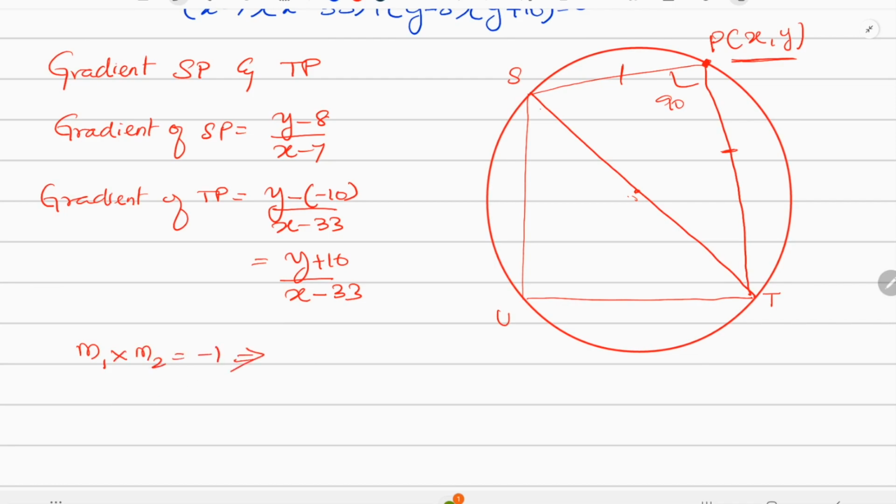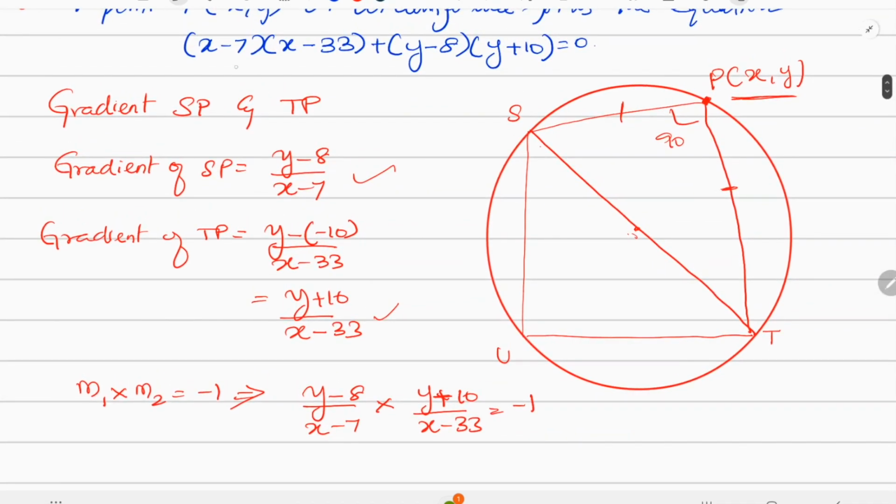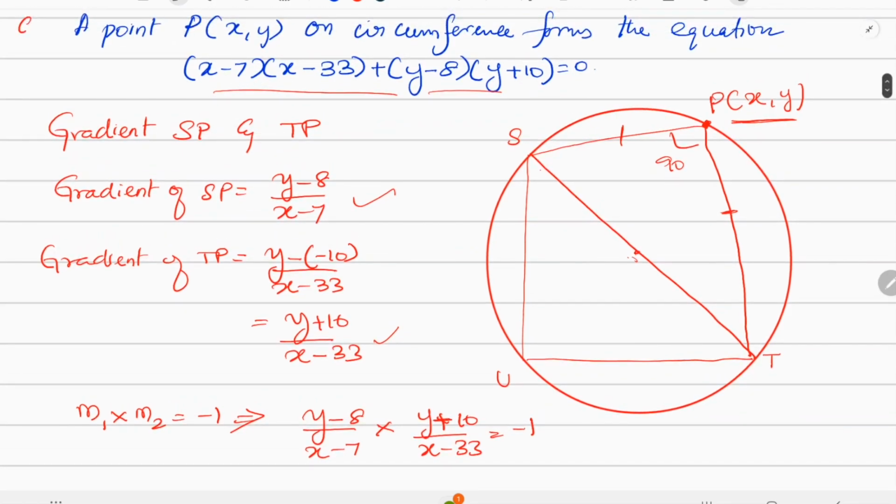Putting this in the above two gradients, we get y minus 8 divided by x minus 7 multiplied by y plus 10 divided by x minus 33 equals minus 1. Compare this with the form we need to bring. x minus 7 and x minus 33 are in the denominator, but there they are in the numerator. So what do we need to do?